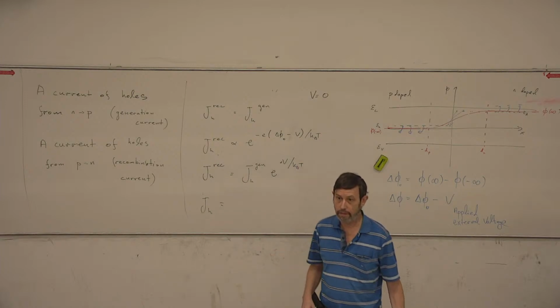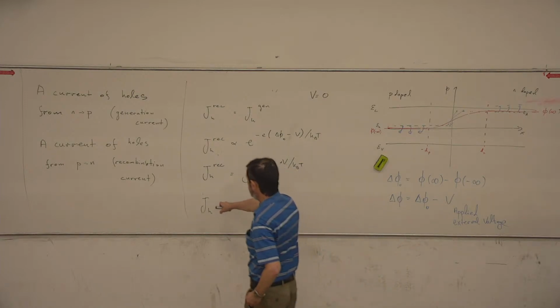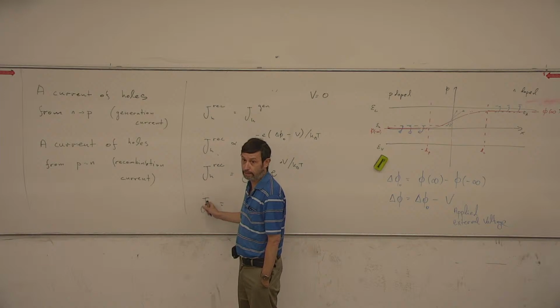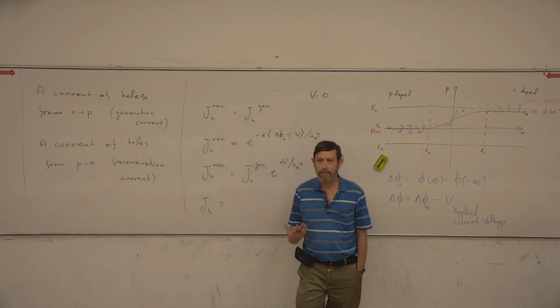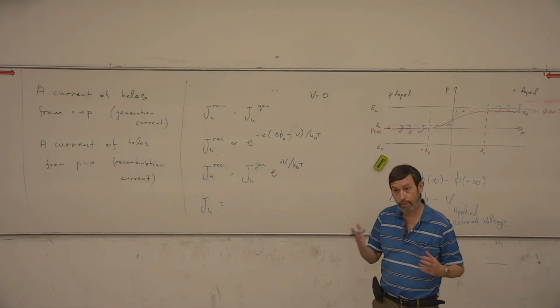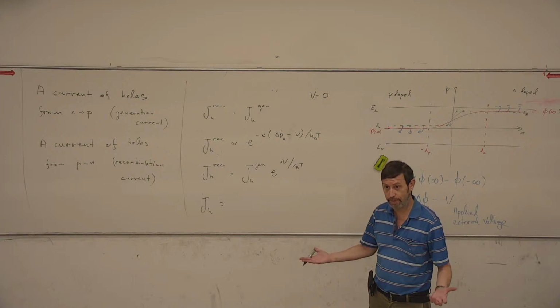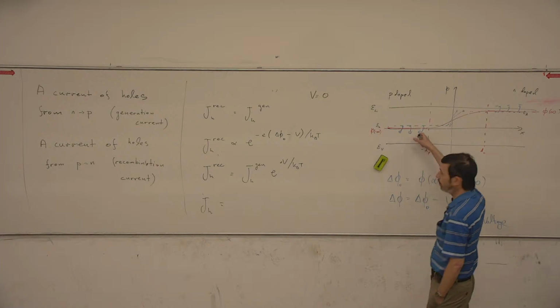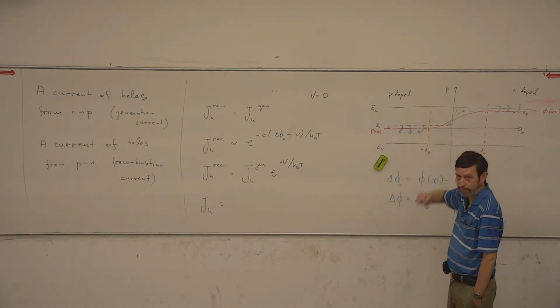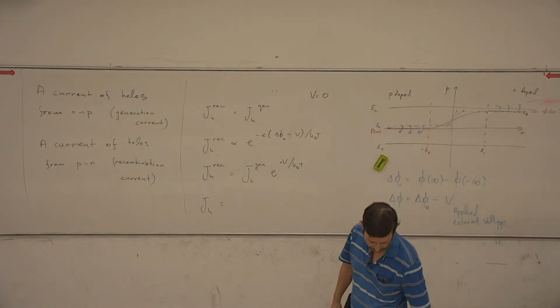What is the combined current for holes? Of course, when we have V equals 0, we express this to be 0. Whoever went from left to right will have the same number going from right to left.